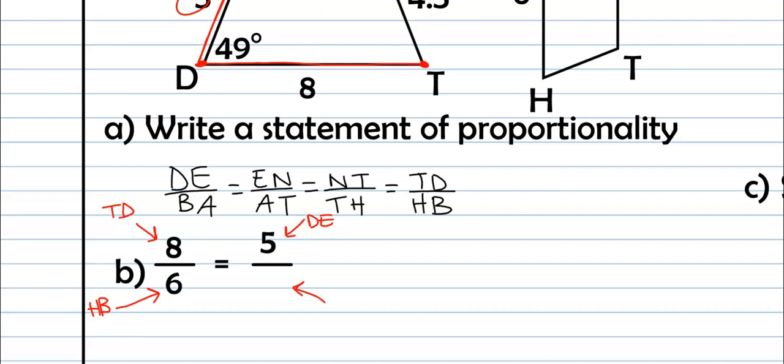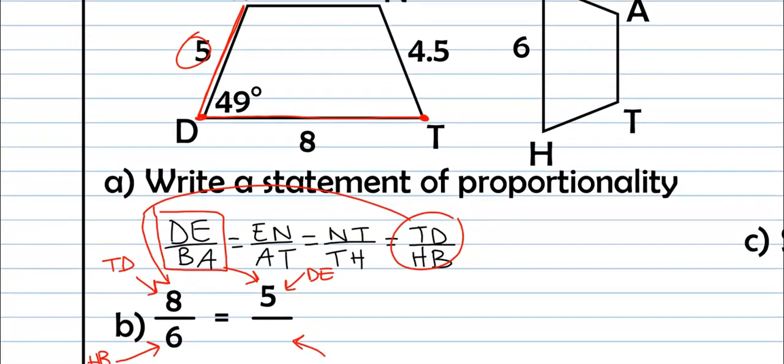Well, we have that statement of proportionality right in front of us. So the first one we used was right here. Okay, that was this guy. Now we need the one that has DE on top. And it'd be that one right there. Okay, so what goes under DE? Well, BA goes under DE.